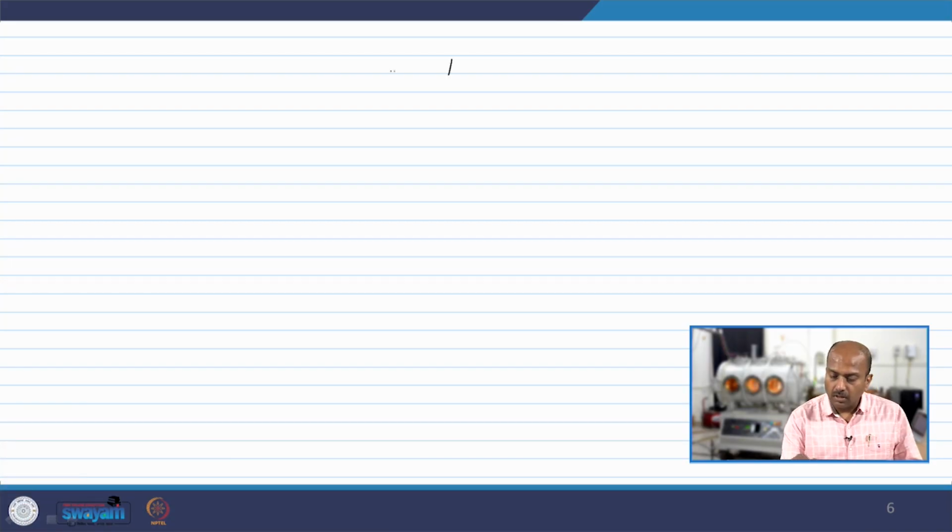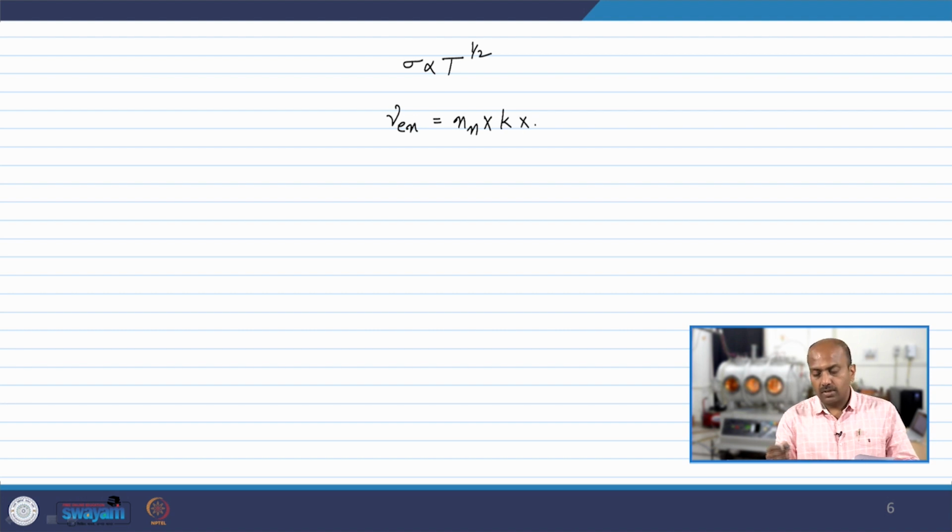So, basically the cross section will now depend on the force, right. What has been found is that sigma, the cross section, is proportional to T to the power of half, which means we can take this nu_en as Nn times some constant, which is everything other than the temperature, times T to the power of half multiplied by sigma.